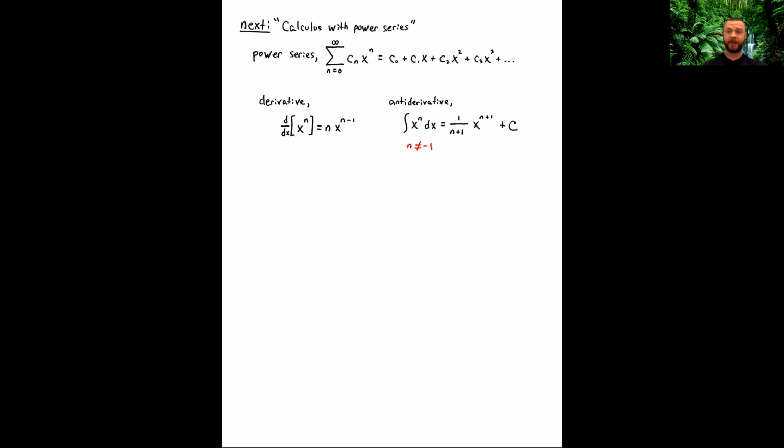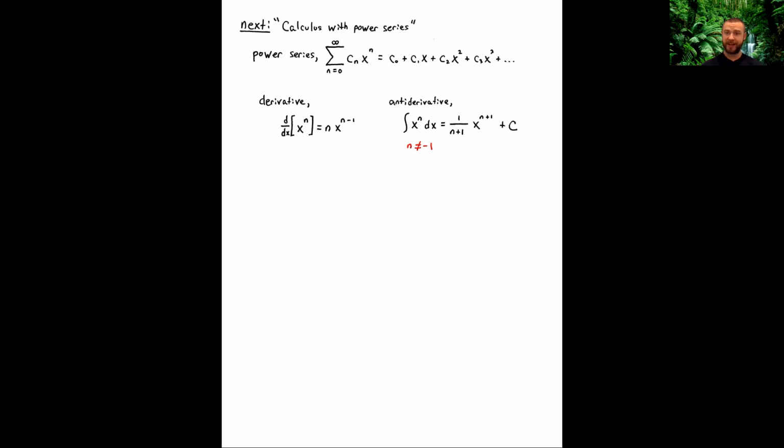There's an equivalent and related version for the power rule for antiderivatives. Here, there's an exception. This doesn't apply when the exponent is -1. In other words, the antiderivative for x to the -1, rewrite that as the antiderivative of 1 over x, you know that it's natural log of x.